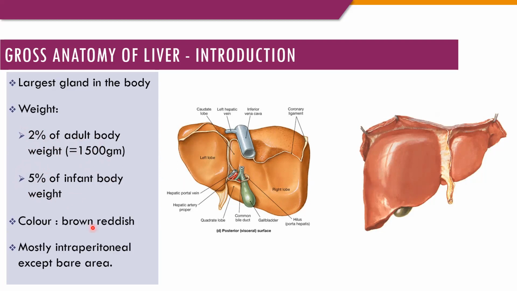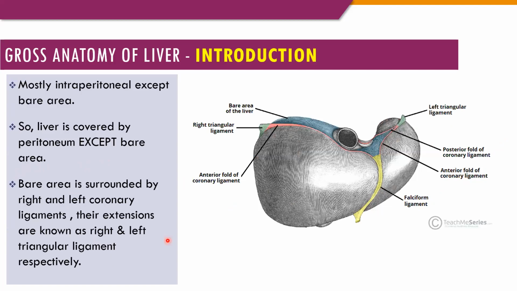What's the bare area? We're going to learn this later. Okay, this is the bare area. The bare area of the liver is not covered by the peritoneum. What is the peritoneum? The peritoneum is the covering of the abdomen. The abdomen or the visceral organs in the abdomen are covered by the peritoneum.